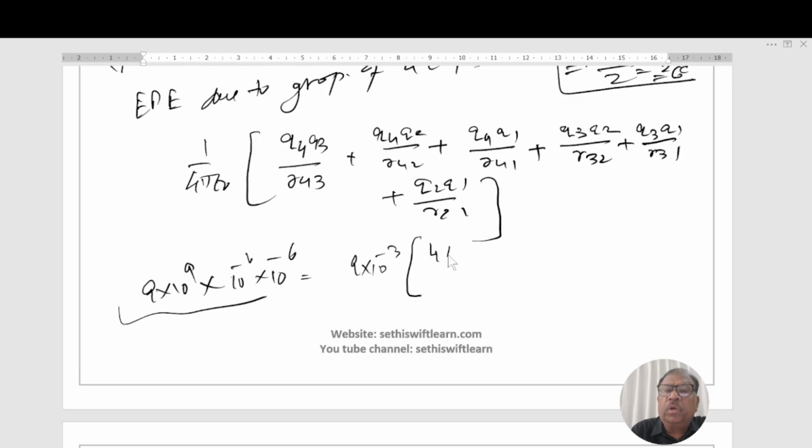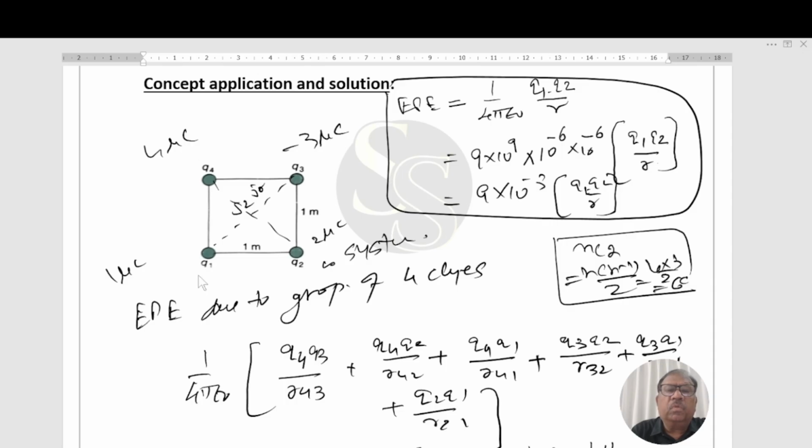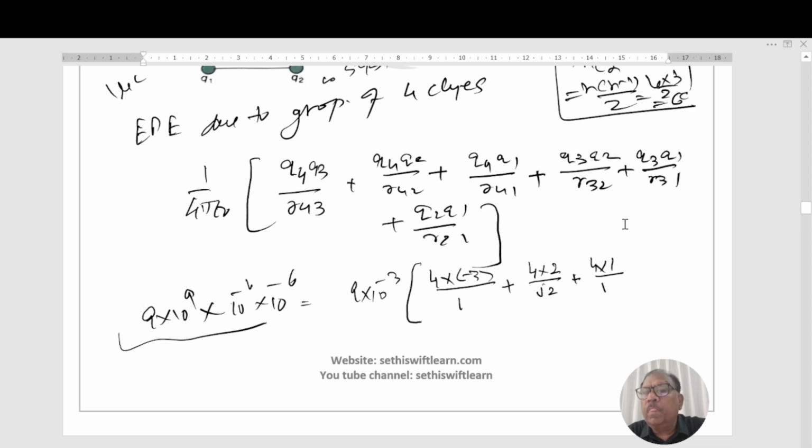Q4 Q3, 4 into minus 3 upon 1 plus Q4 Q2, 4 into 2 upon R42 root 2 plus third one Q4, 4 into 1 upon R14, that is 1. 1 2 3 4, 1 3 and 2 4, that is all. 1 plus Q3, minus 3 into 2 upon R32, R32 is 1, plus minus 3 into 1 upon root 2, plus Q2, 2 into 1 upon R12, 1.